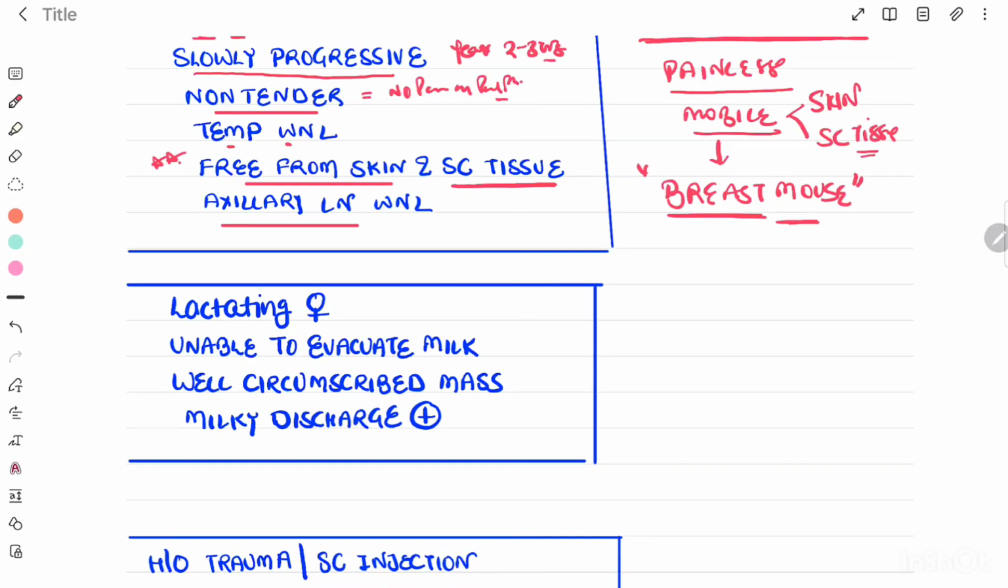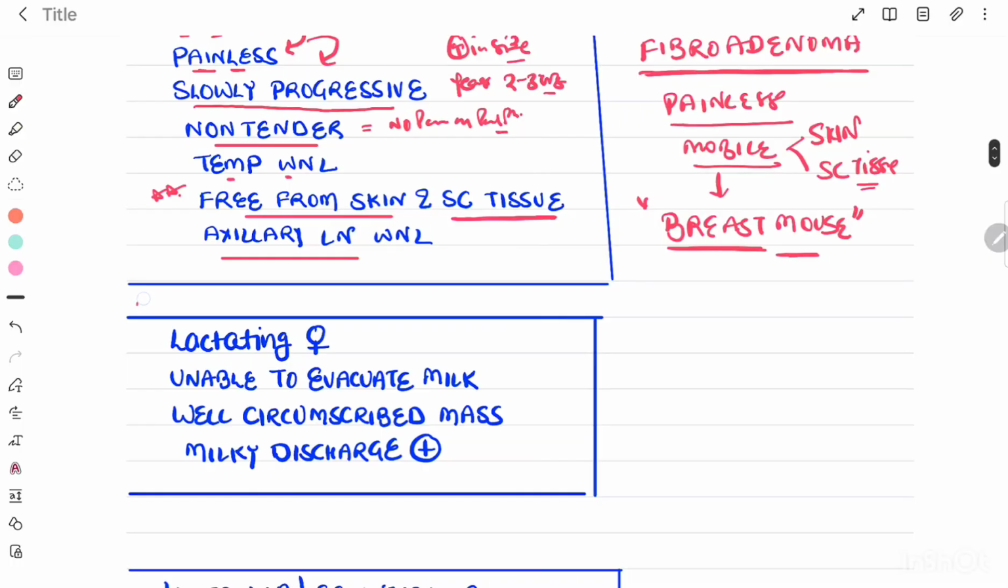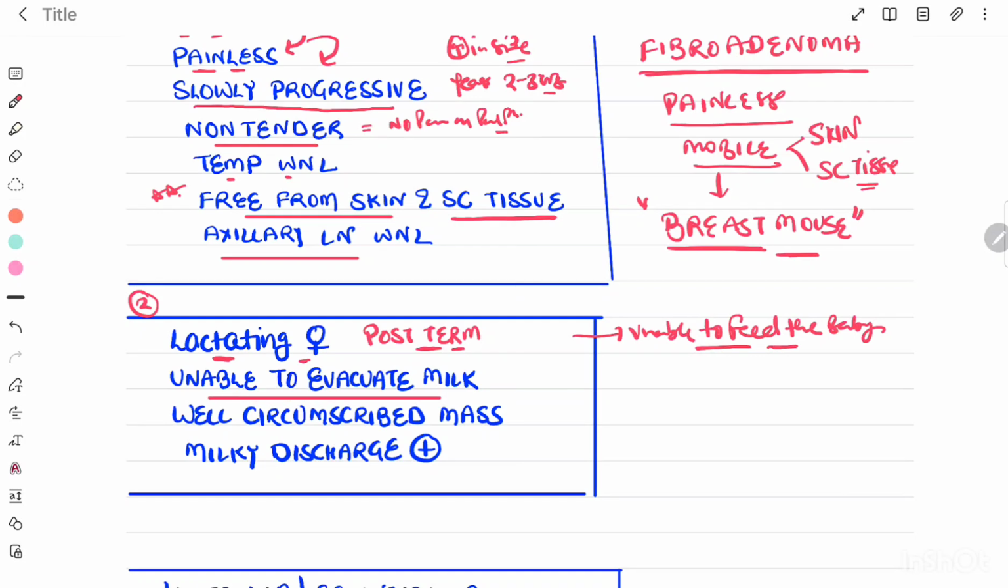Now after the fibroadenoma, we are going to discuss the second case, which is a lactating female, post-term, who has just delivered the baby and due to any reason is unable to feed the baby, unable to evacuate the milk from the breast. Then there can be a well-circumscribed mass behind the nipple and there is presence of milky discharge. This is the key point: milky discharge from the nipple on palpation.